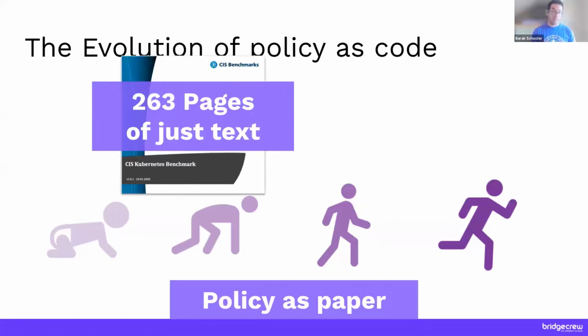And it was, at the beginning at least, very manual. On Kubernetes, for example, there are 263 pages of established best practices written by very smart people, business committees, regulations, that came up with those sets of best practices on how to secure your data center or your cloud environment, specifically for a Kubernetes infrastructure.